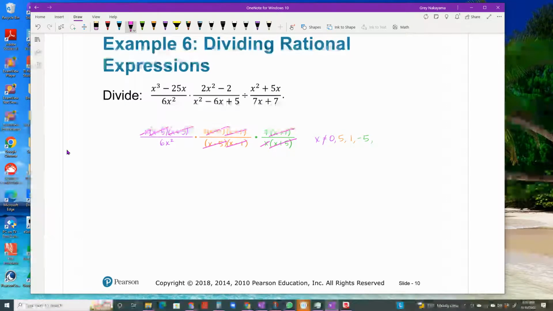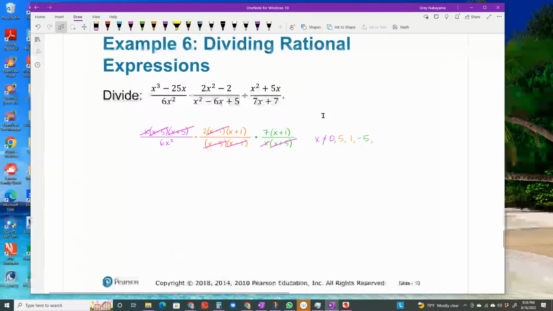Holy cow. Y'all, those things don't cancel. They're not on the top. So x was on the top and the bottom. x minus 5 was in the top and the bottom. x plus 5 was in the top and the bottom. x minus 1. I was just going a little strikeout crazy there.